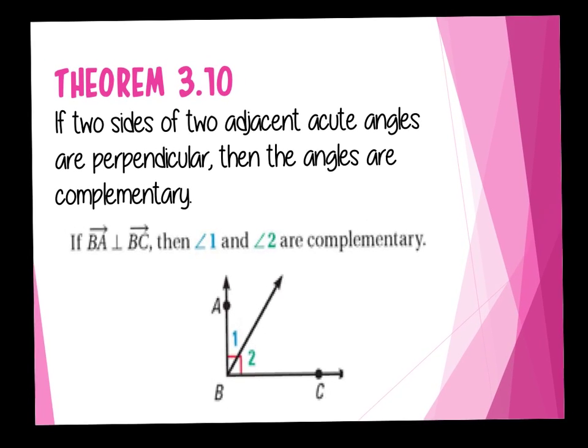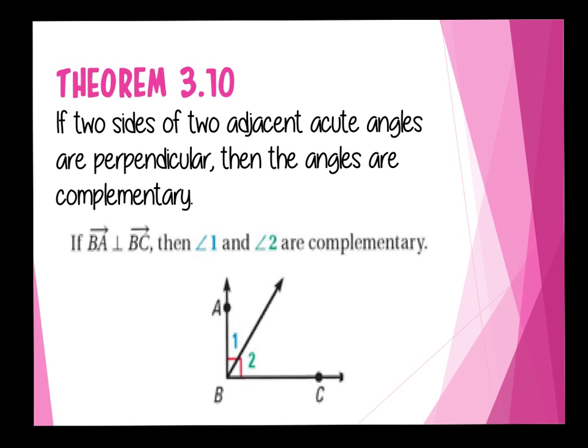Theorem 3.10 says if two sides of two acute angles are perpendicular, then the angles are complementary. Again, this is something you could have gotten to through a proof because you already know all the details that lead into it. If you're given a diagram like this, where these two angles are drawn, and it says this is perpendicular, that's telling you that the exterior sides of those angles are perpendicular.